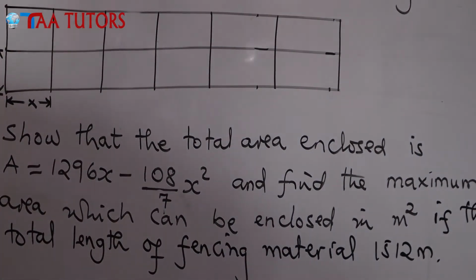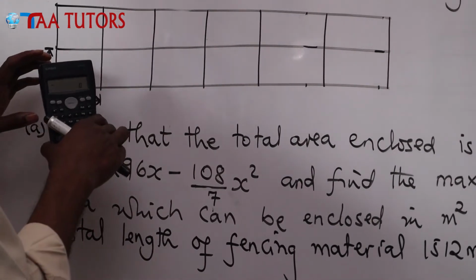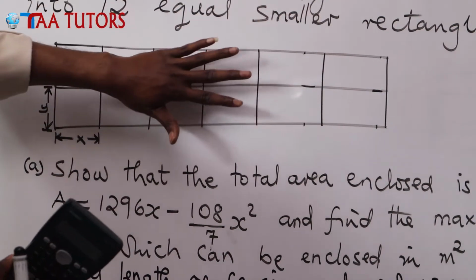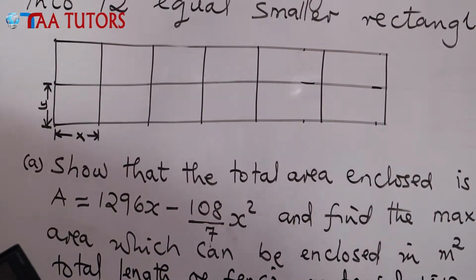So we have 12 meters, that is the total fencing material, meaning all the material used to divide this thing, it is 12 meters total.